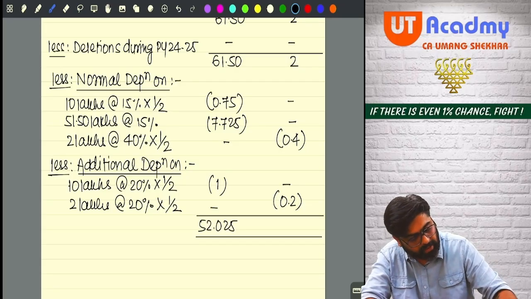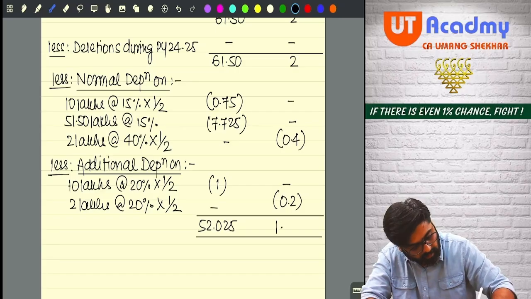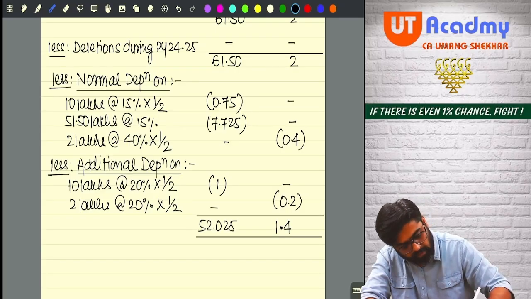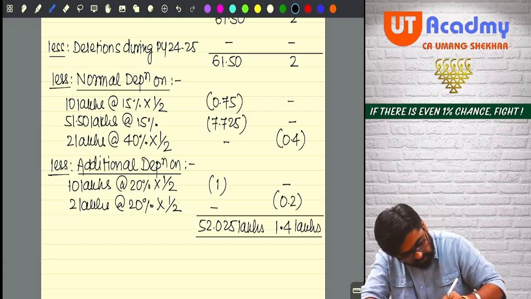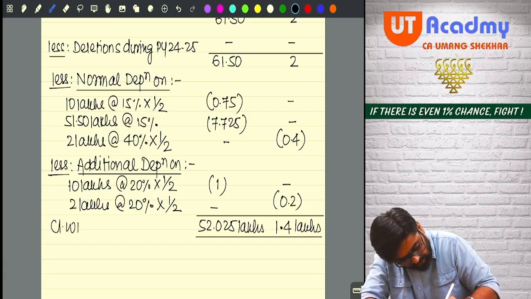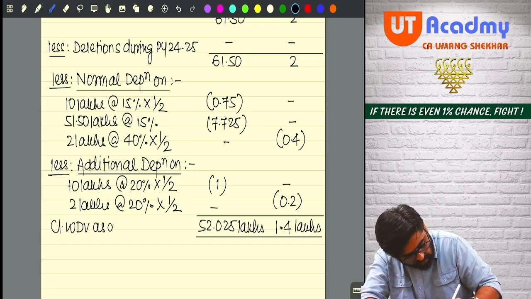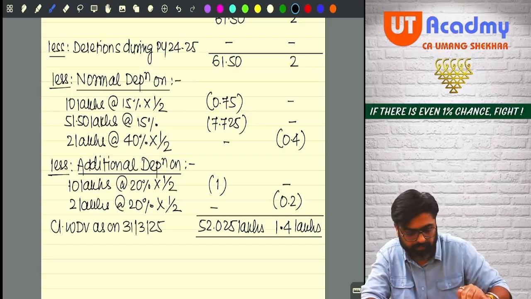And 2 minus 0.6 will give me 1.4 lakhs. This is my closing WDV as on 31st March 2025.